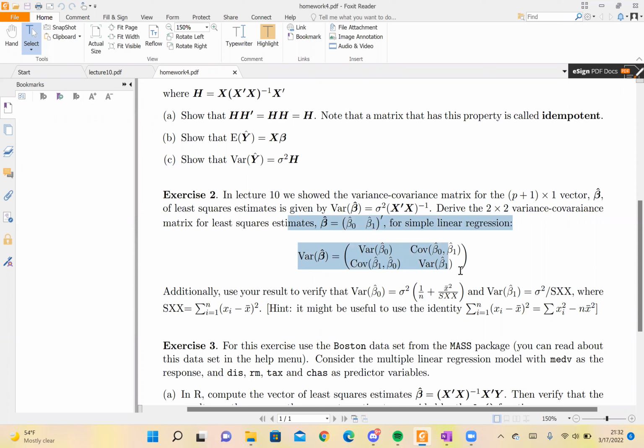So you're trying to get the results so that you get this matrix right here. And that's what the problem is asking.